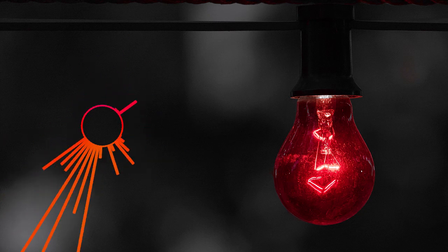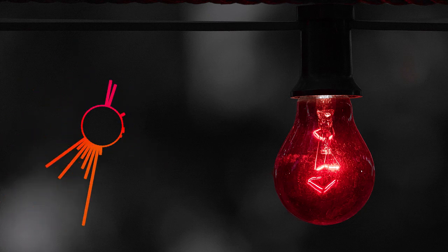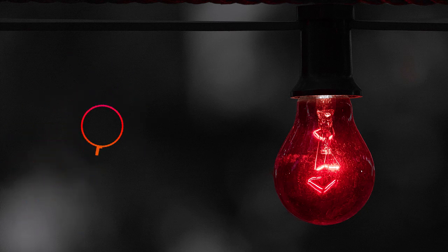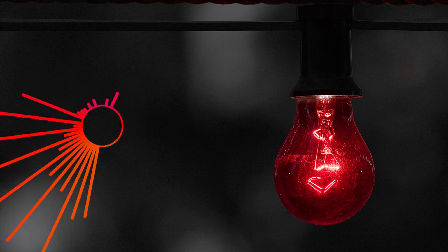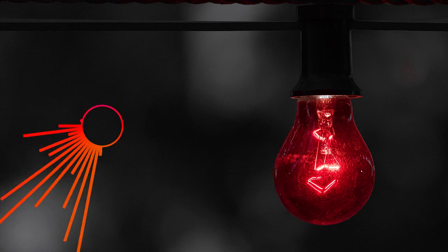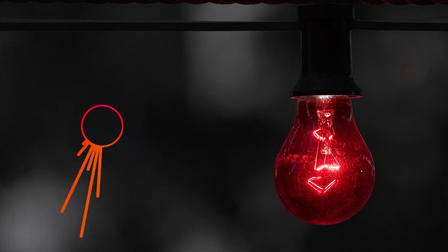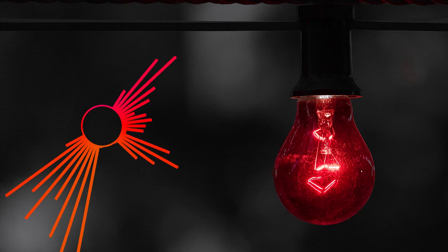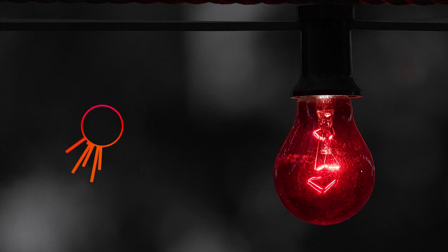And here's the big idea to remember. There's no one size fits all when it comes to lighting. There are four major families of lighting you will work with: incandescent, including halogen; fluorescent; high-intensity discharge, or HID; and light-emitting diode, or LED.